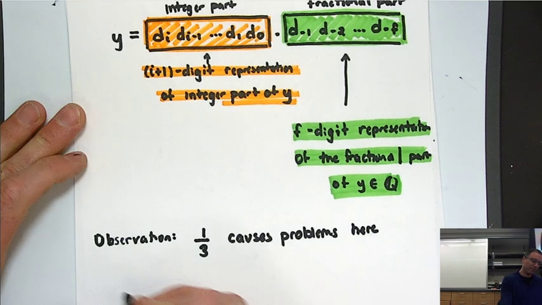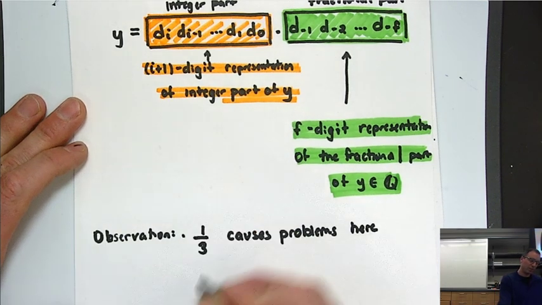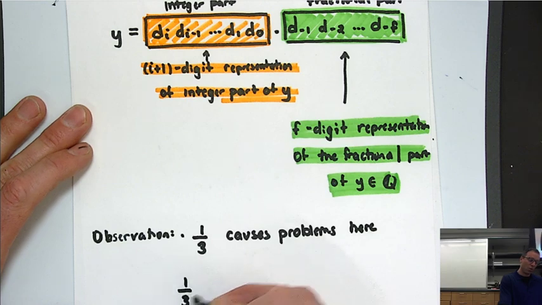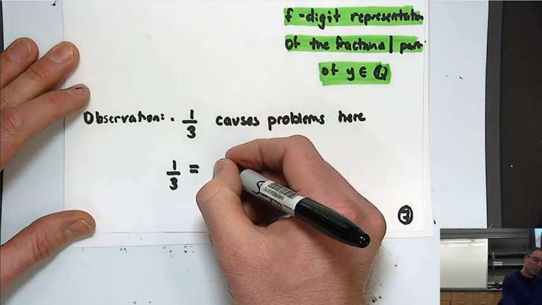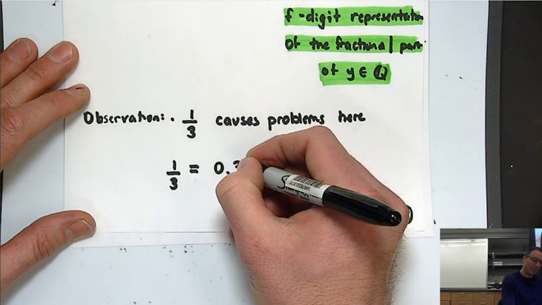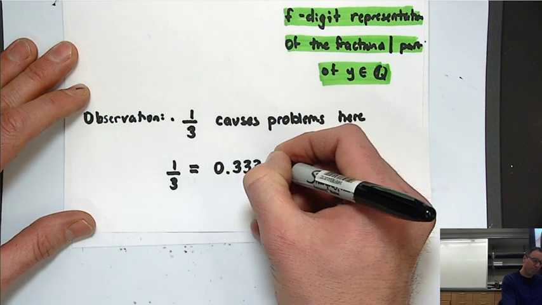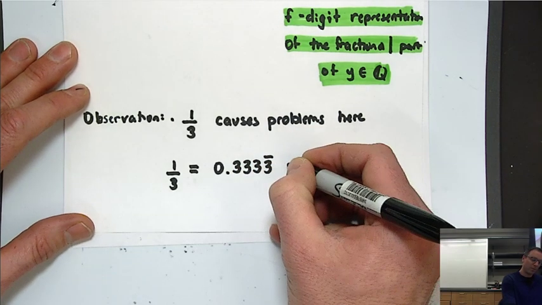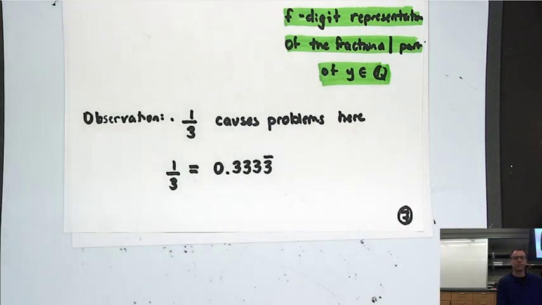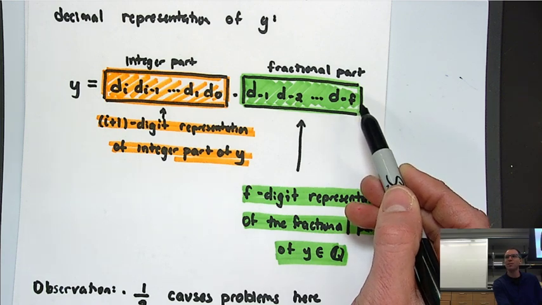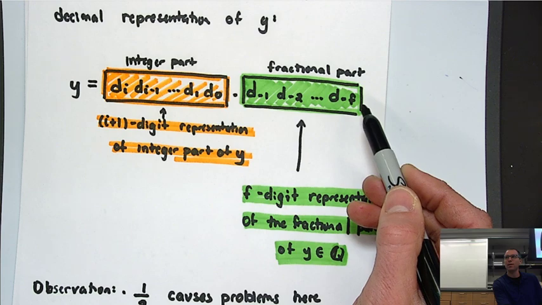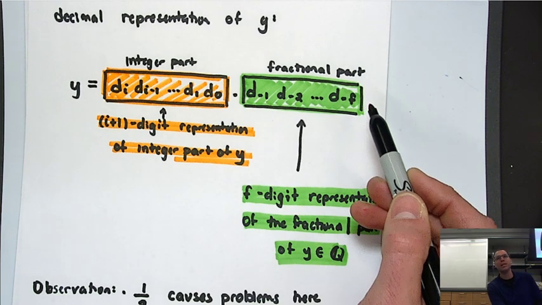Why? One divided by 3 is equal to what in decimal? 0.3333333, which means if I choose any value of f that is an integer, what happens? That representation will necessarily be inaccurate.